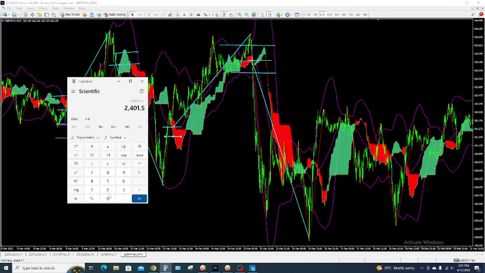Then let's remove the leverage, the spread, and the commission, times 0.75. So here we have 1,801. 1,801 plus what we have, our profit is 2,461.